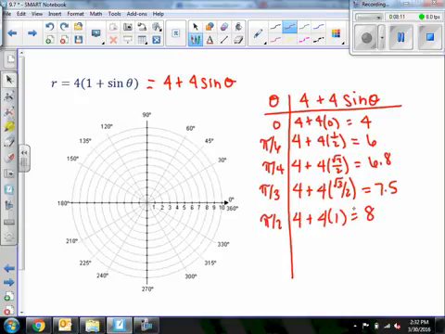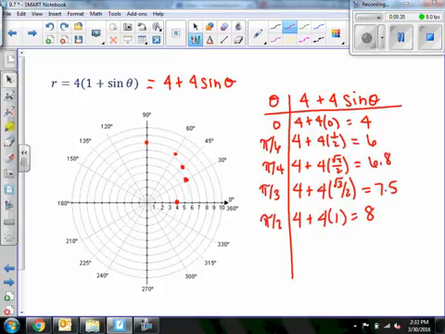So if I graph this, I have 4 at 0, 6 at π/6, 6.8 at π/4, 7.5 at π/3, and 8. I'm actually going to plug in a little bit different values here.